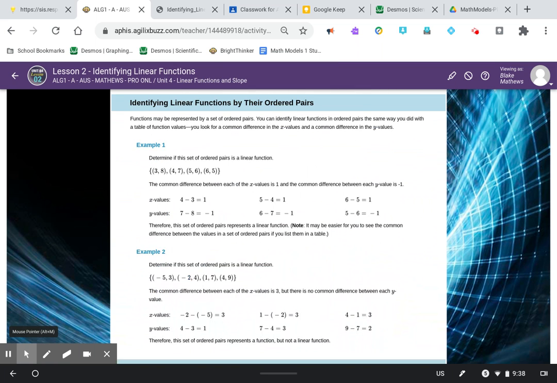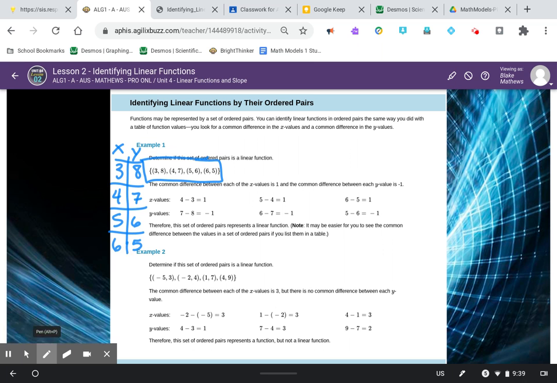You can use the same concept when you have ordered pairs. It's really just written a different way. In fact, I could write this as a table of x, y points: 7, 5, 6, 6, 5. So this information could be represented as a table as well.